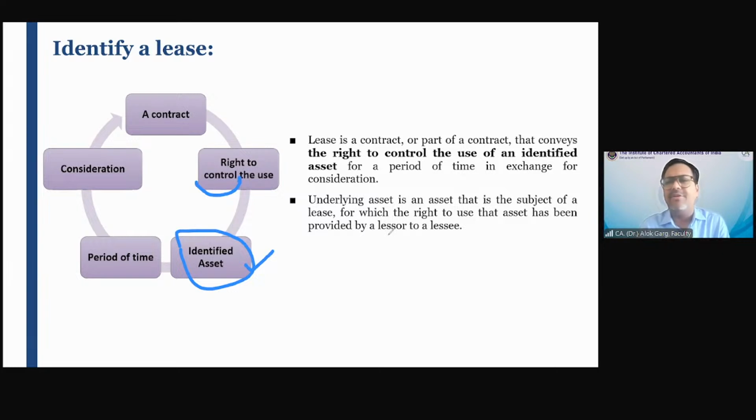It's not a right to use of an asset. It's a transfer of right to control the use of an identified asset. Is that clear? You understood the difference between right to use and right to control the use. Okay. And it is not asset, it is identified asset. And it should be over a period of time and in exchange for a consideration.